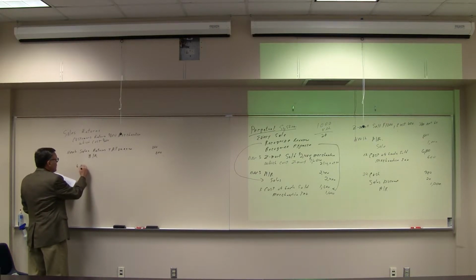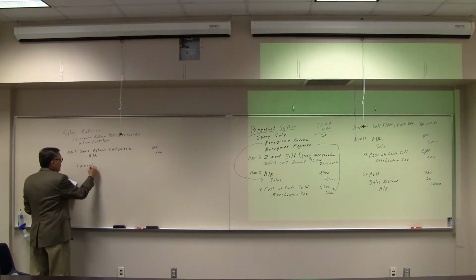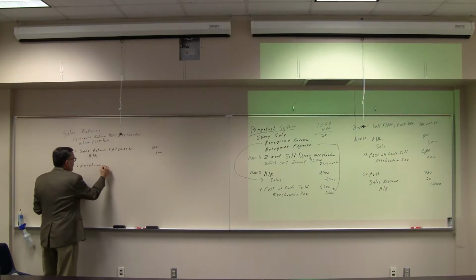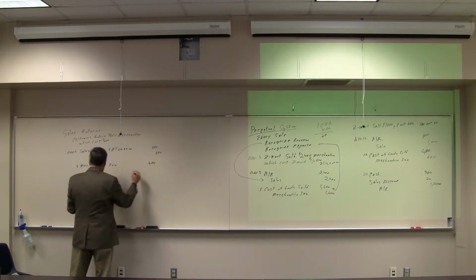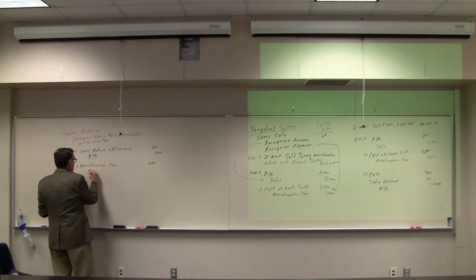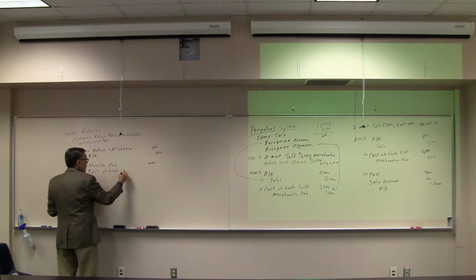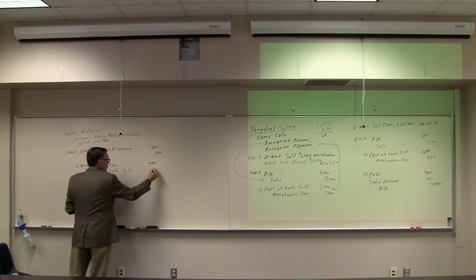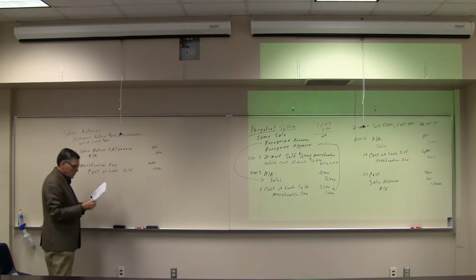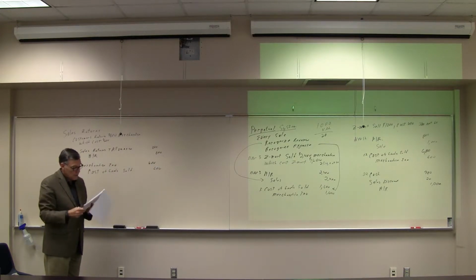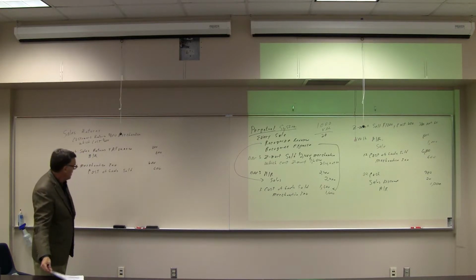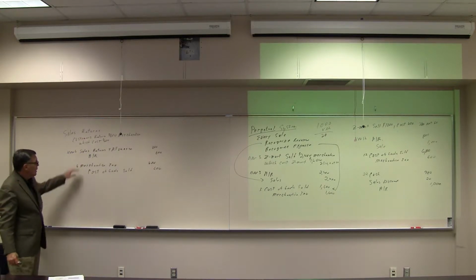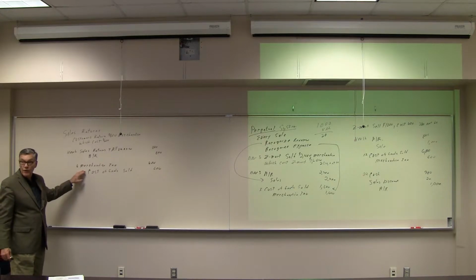It goes back in merchandise inventory for $600, and it comes out of cost of goods sold. Okay. So, sales returns also has the 4 entries.